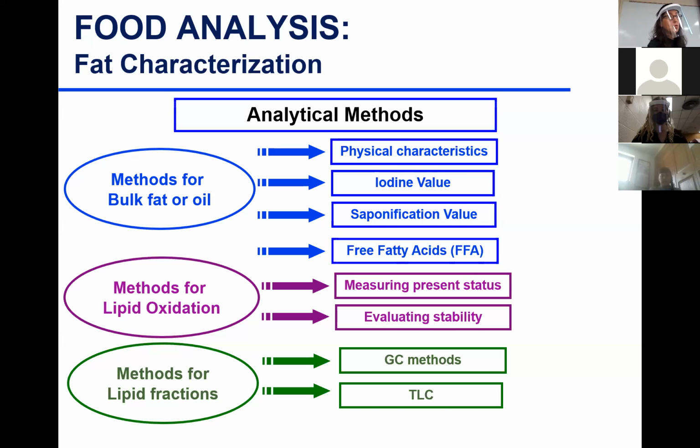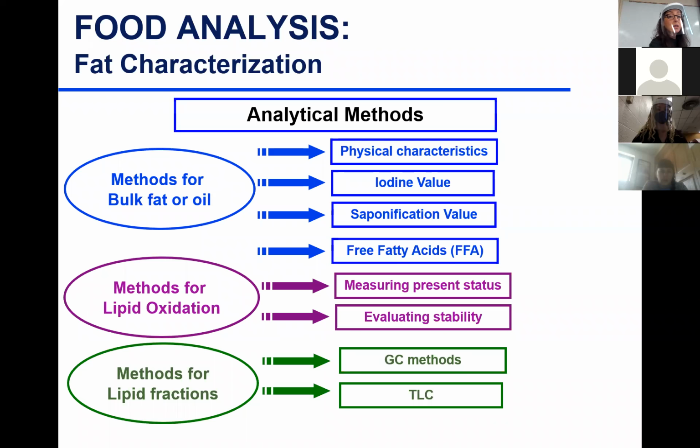There are a few methods that we do specifically for bulk oil, for example, iodine value to determine degree of unsaturation, saponification value, which is an index of the average molecular weight of fatty acids, and the free fatty acid content, which is an index of either refinement or what we call hydrolytic rancidity, when the lipid breaks and gives you free fatty acid.